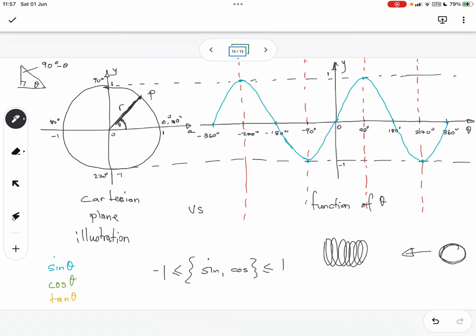And even when we do these in identity form, you'll see that when you start out with cos of 90 degrees minus theta and you do the co-function shift, it changes to sine. Because it must change to its co-function.